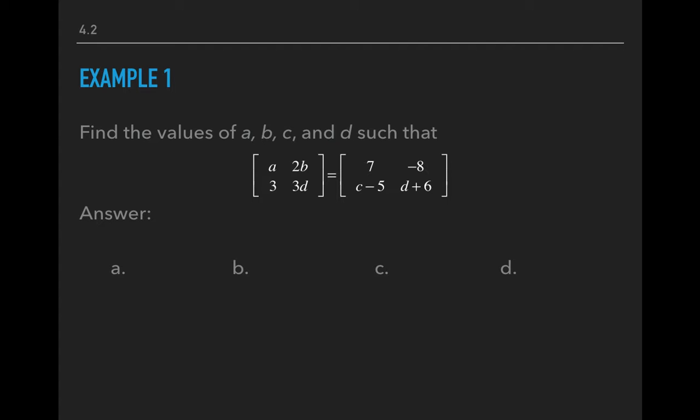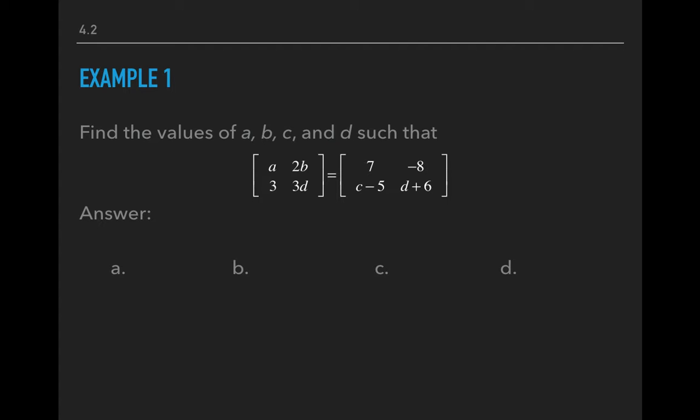We are going to find the values of A, B, C, and D given that these two matrices are equal. We can say that they're equal because they both have the same dimensions. They are both 2 by 2 square matrices.